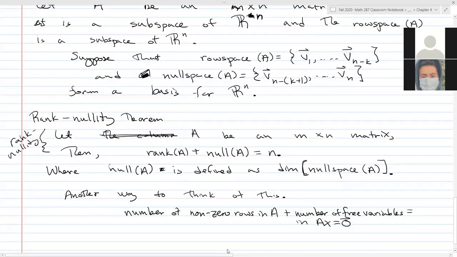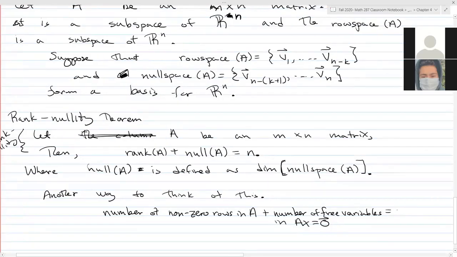We actually already saw that this equals the number of columns in A. We talked about that in an earlier lecture. So what rank-nullity does is it combines this relationship and puts it into, instead of a systems perspective, a vectors perspective. The rank of A plus the nullity of A equals N. We have the number of non-zero rows in A plus the number of free variables in AX equals 0 equals the number of columns in A. And that is the rank-nullity theorem.